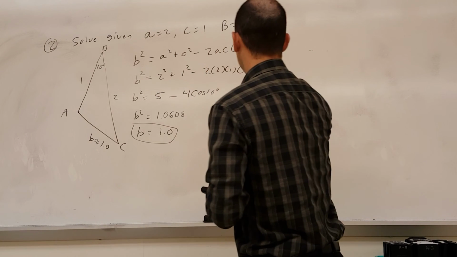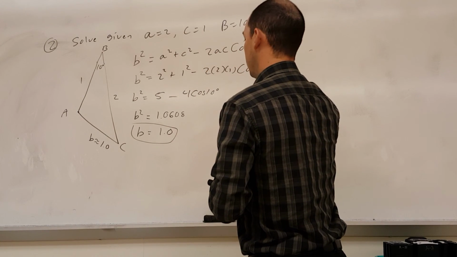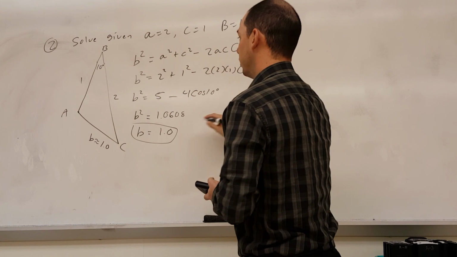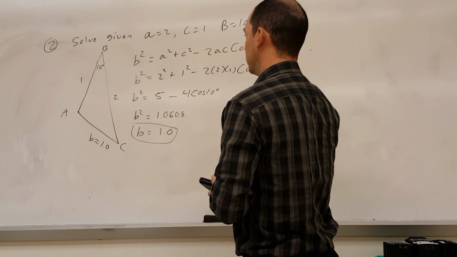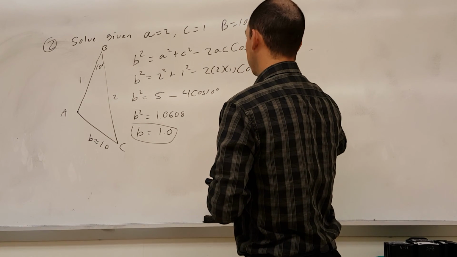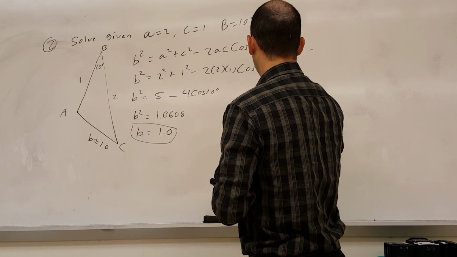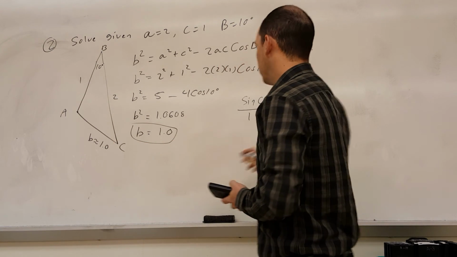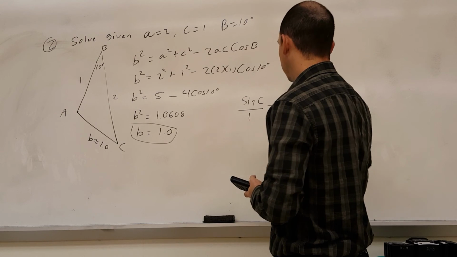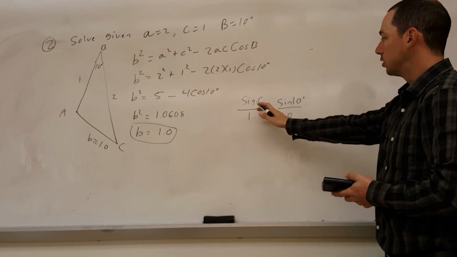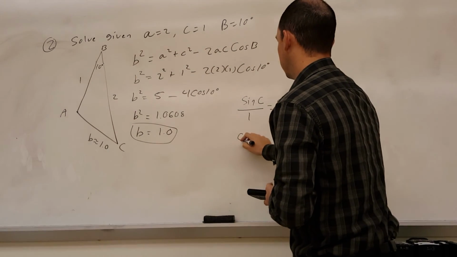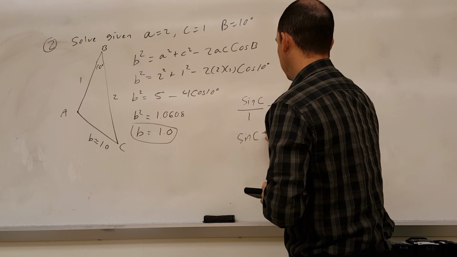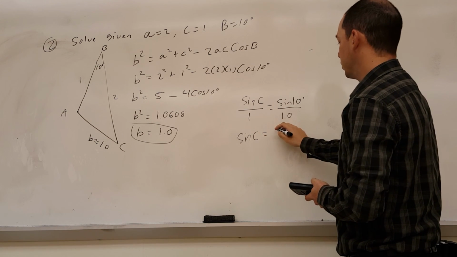Sine of angle C over 1 is equal to the sine of B, which is 10 degrees, over side B, which we rounded to 1.0. Well, sine C over 1 is just sine C equals sine of 10 over 1, which is sine of 10.